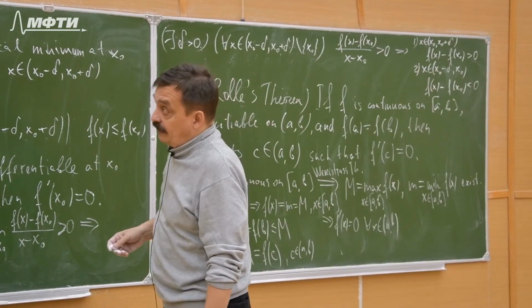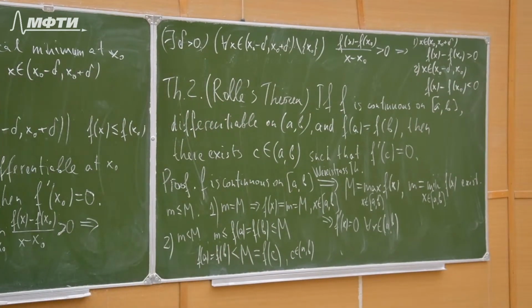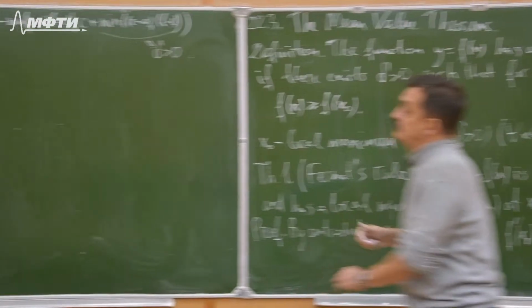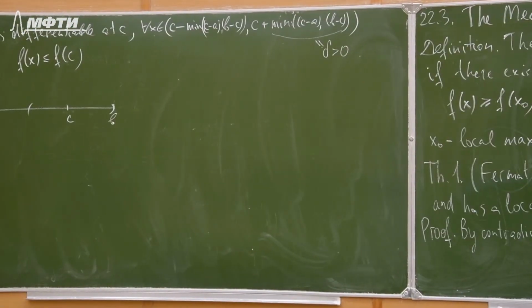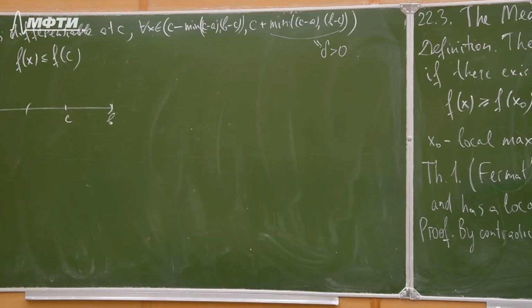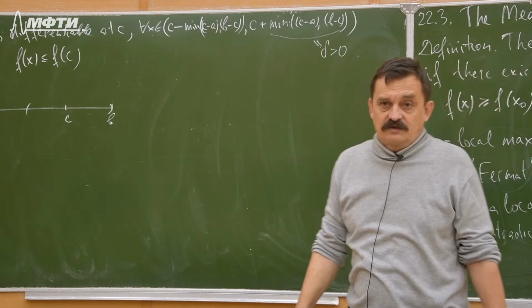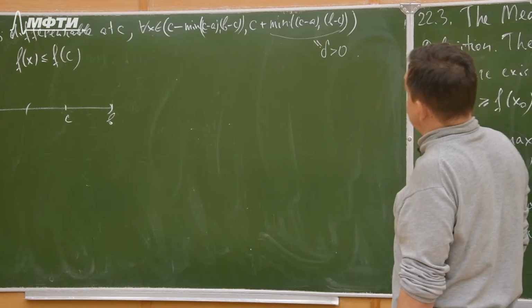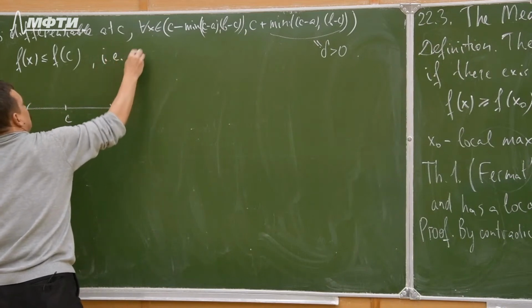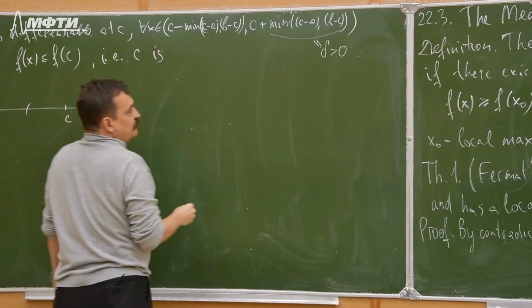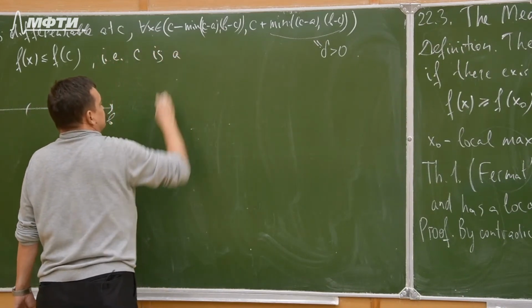But then this delta greater than 0 is precisely the delta from the definition of the local maximum. So C is a local maximum.